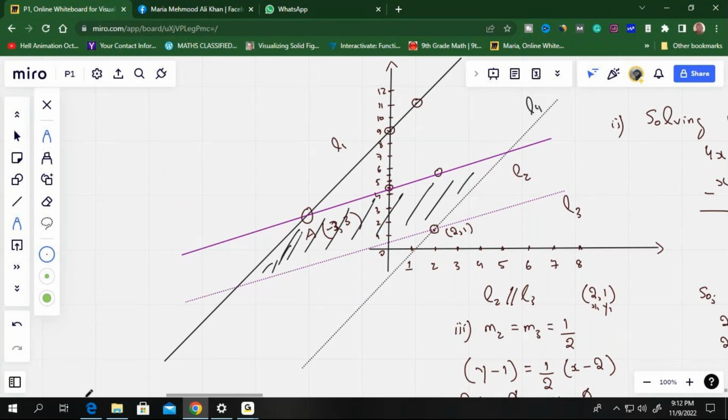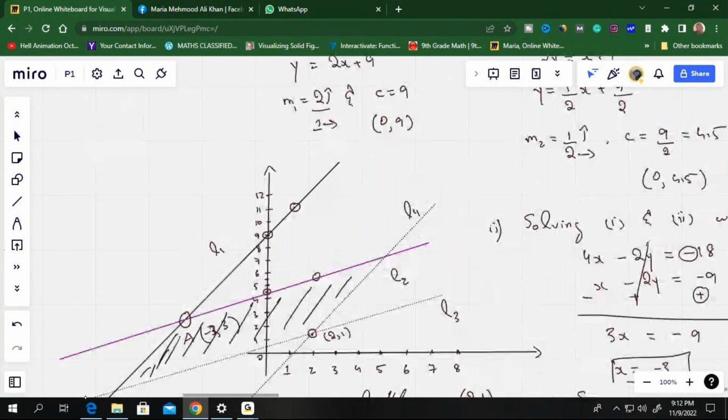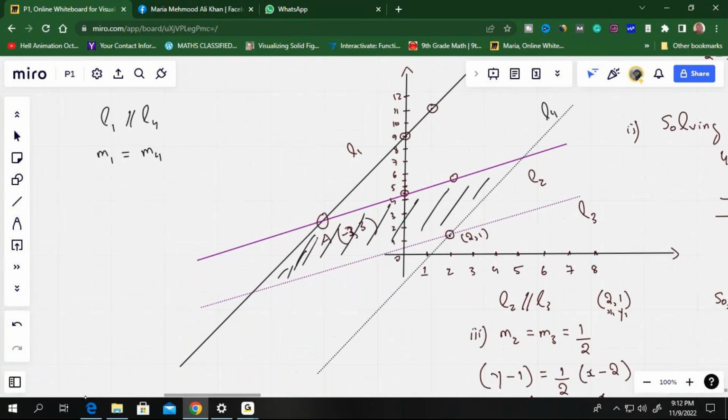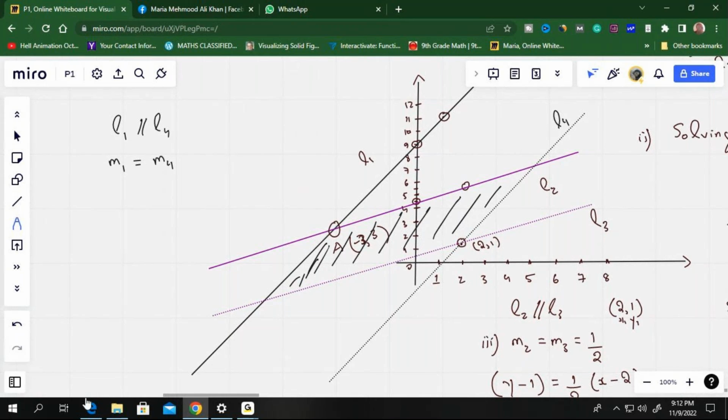Now I need to find out the equation of my L4. It is parallel to L1, so L1 and L4 are parallel to each other. It means the slope M1 equals the slope M4, and we have already evaluated in the beginning that the slope of my L1 is 2. So L4 slope is also 2, and it is passing through 2, 1.